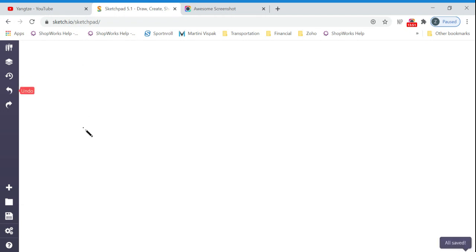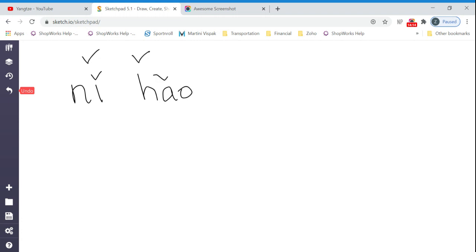The second thing is when there are two third tones. When the third tones meet each other, we need to change the first one into the second tone. For example, 你 means you, right? 好 means well. 你好.